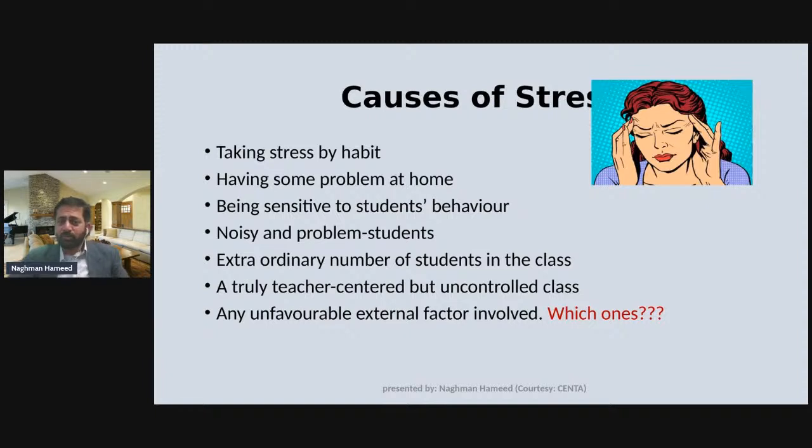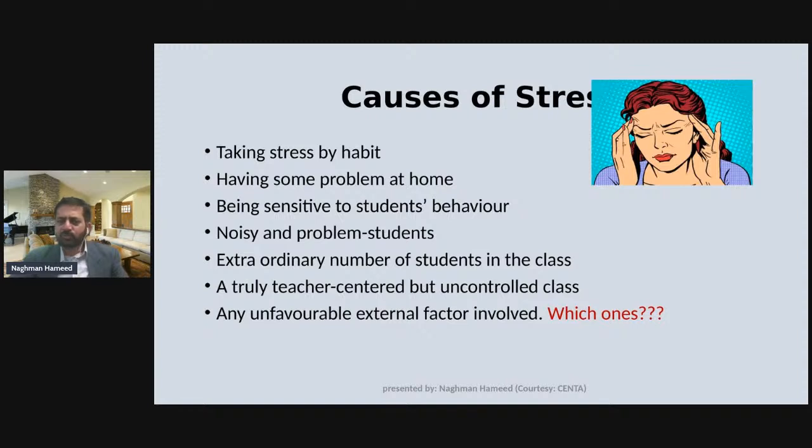Noisy and problem students, yes, it happens almost everywhere, but it's not very frequent in high school students. They are not that noisy because they are mature ones, and although they can create problems, sometimes intentionally and sometimes unintentionally. So this is a problem, but it doesn't happen very frequently.